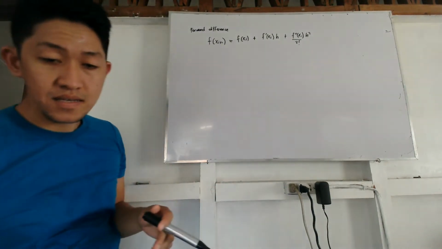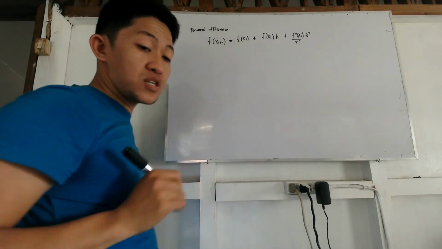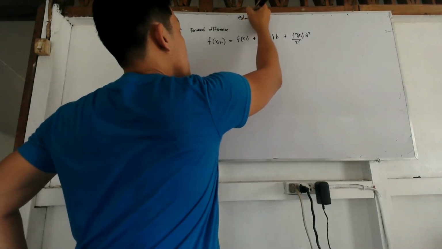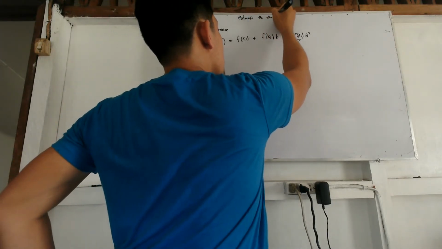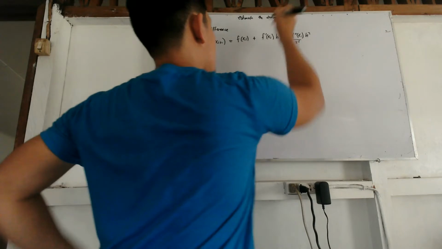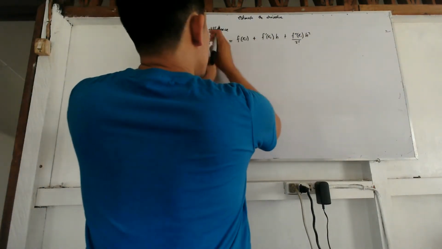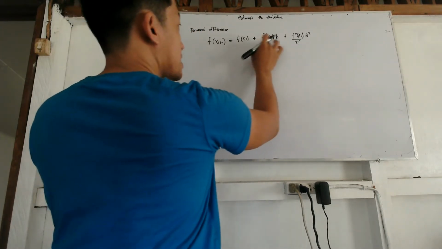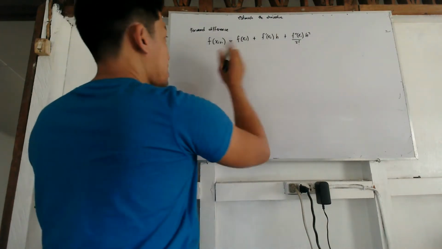Okay, so now our objective is to estimate the derivative of a function. So we will transpose all the terms to the left and we let this term remain on the right side.